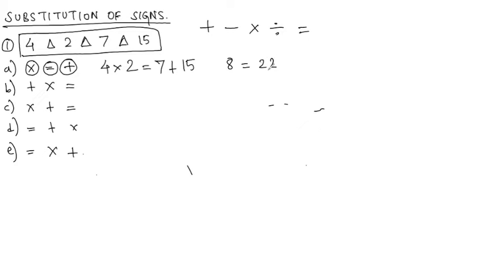Is 8 equal to 22? Is this correct? 8 and 22, is it the same number? No, ma'am. So it is not equal. 8 is not equal to 22. Andre, this is wrong. So option A is wrong. Artha aita how to check it? Yes, ma'am. Yeah, we'll check for all other options.